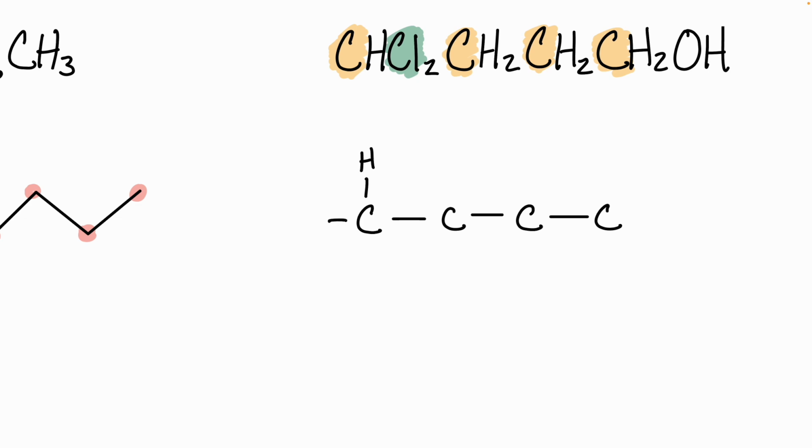Doesn't matter which way you put them. If you put the chlorine pointing up, pointing down, to the side, it doesn't matter, as long as you got 2 of them on there. Okay, going down, so that takes care of this one here. Check, check. Going down the line, my next carbon needs 2 hydrogens. My next carbon needs 2 hydrogens.